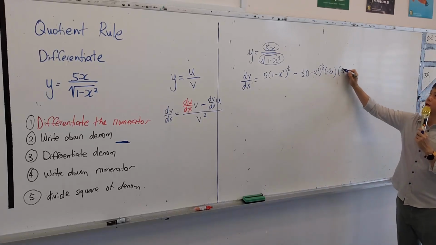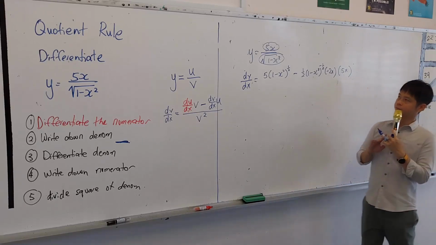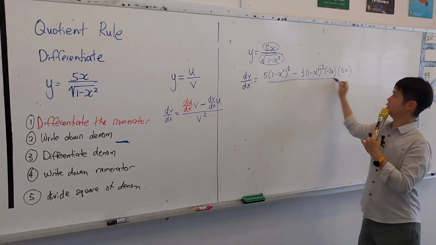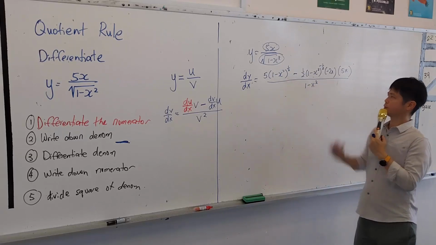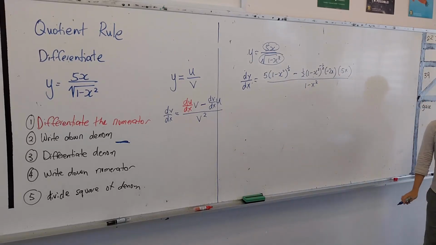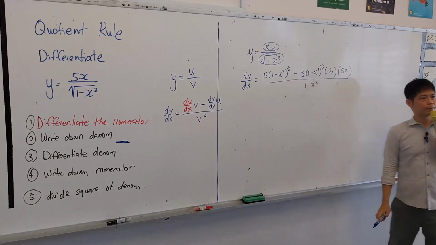Then I put down the numerator, over the denominator squared. Isn't this product rule but extra? Yes, it looks a bit like product rule, but the product rule here is a plus sign. For the quotient rule, this is a minus.